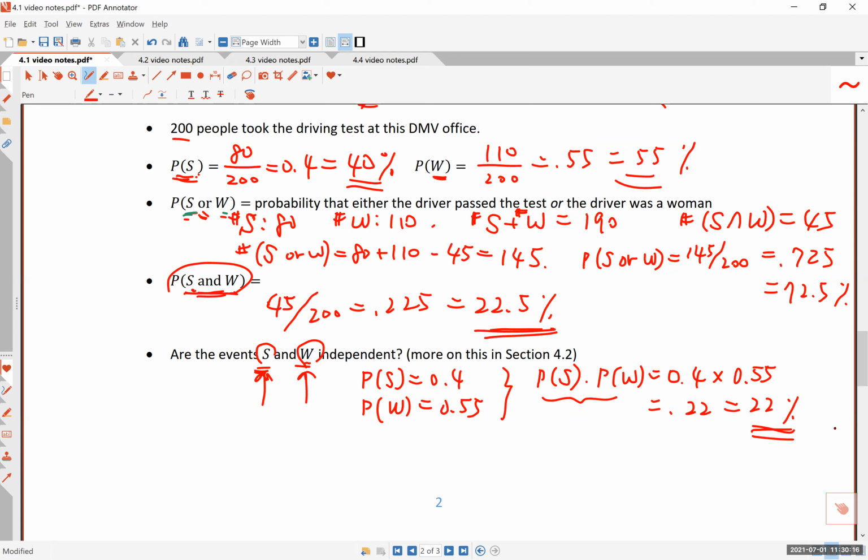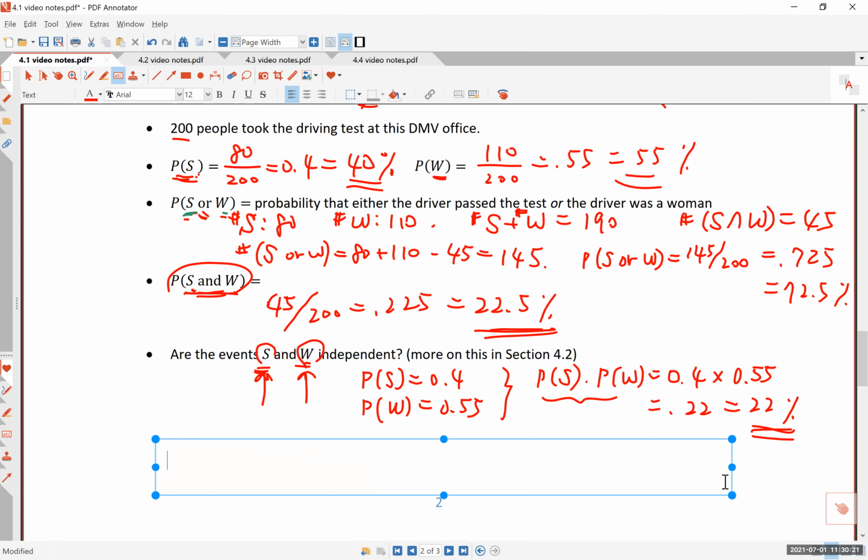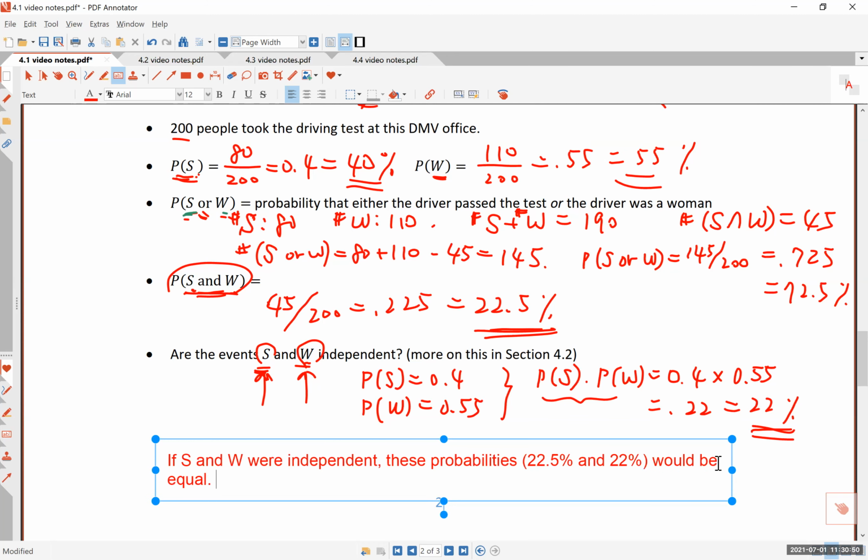Okay, so let me summarize what I just said here in words. If S and W, these two events, successful and women, were independent, these probabilities, the ones we calculated, maybe I should say that 22.5% and 22%, would be equal, but they're not.